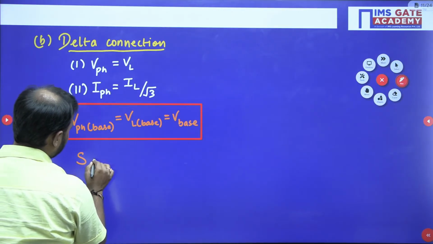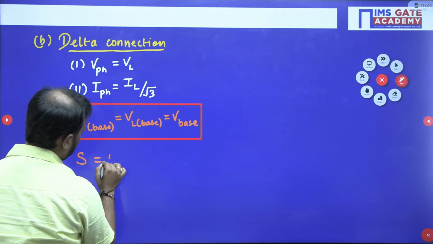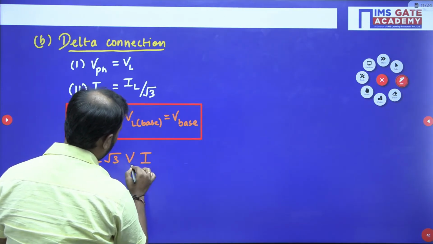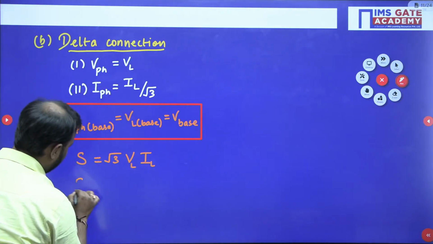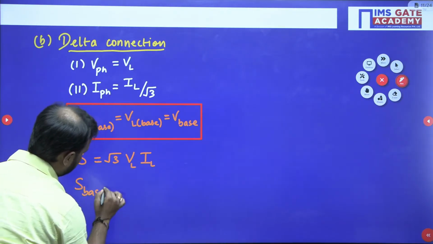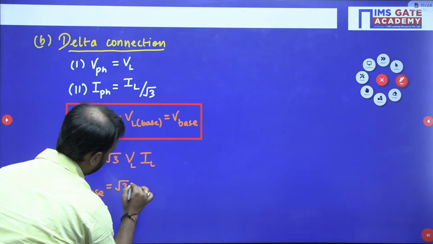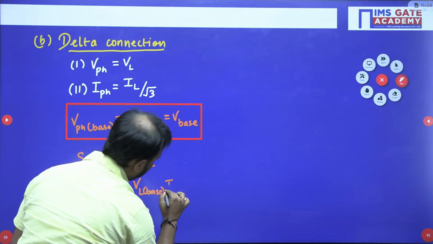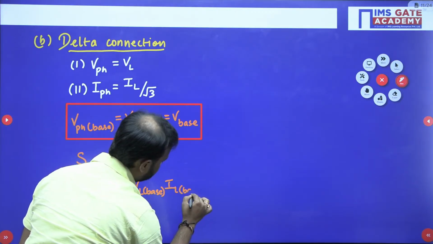So S is equal to root 3 into V into I, or VL into IL. So S base is equal to root 3 VL base into IL base.